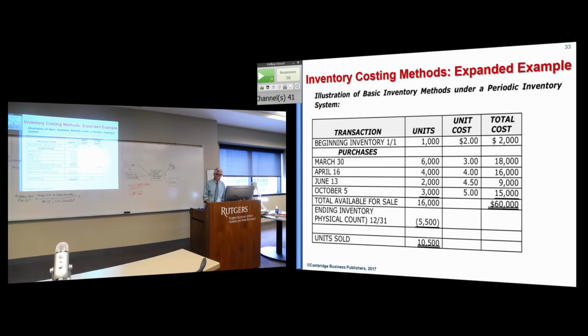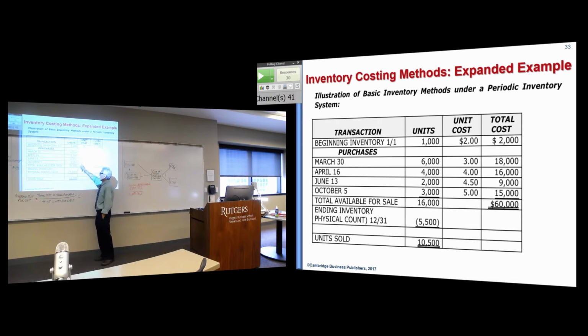Okay. So once again, here is the illustration, and this illustration is broken down into pieces. So the question then becomes, the 5,500 units in ending inventory, where are they coming from? If you're using a first in, first out approach, then the ending inventory will be the most recent, right?